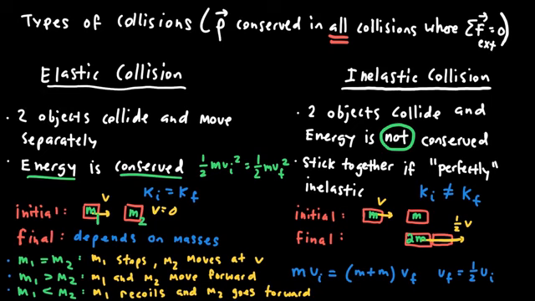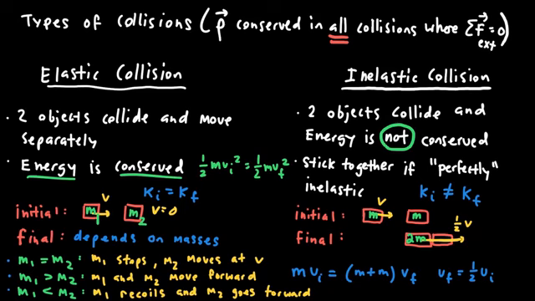For example, more often than not, when two cars collide, they don't necessarily stick together, but the bumpers get all bent and there's lots of energy loss. I hear the crash between the two cars, which means there's lots of sound energy. There's probably braking where the cars slam on their brakes, and there are some heat exchanges with the tires and the road. So there's all sorts of energy loss, but the cars don't have to stick together. Those would still be inelastic collisions.